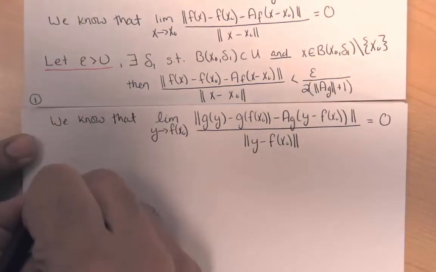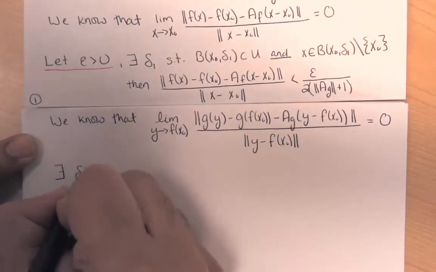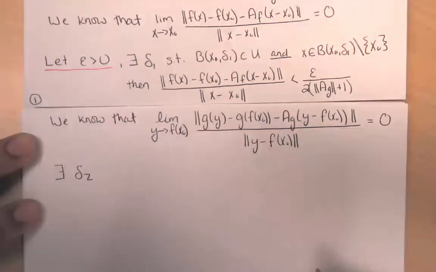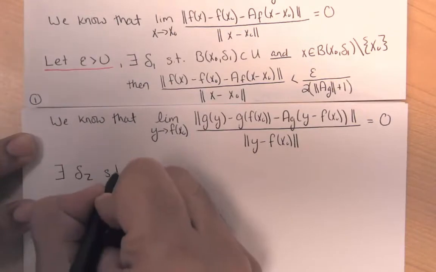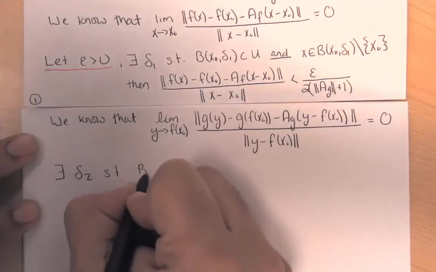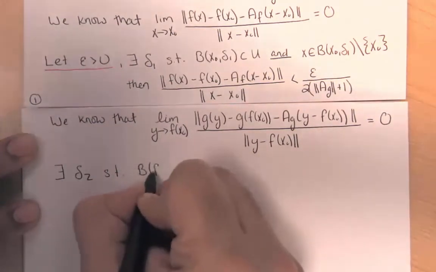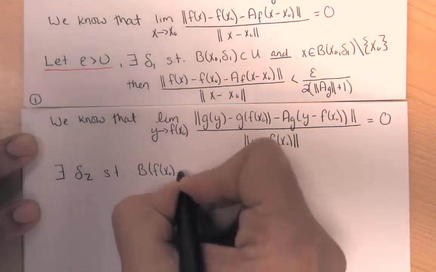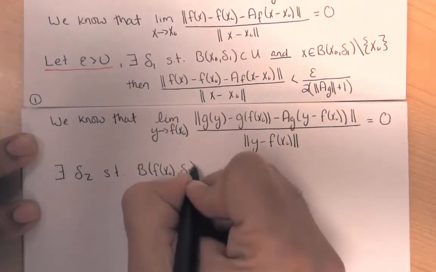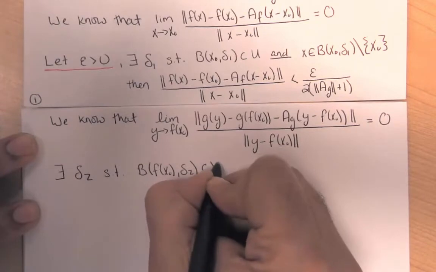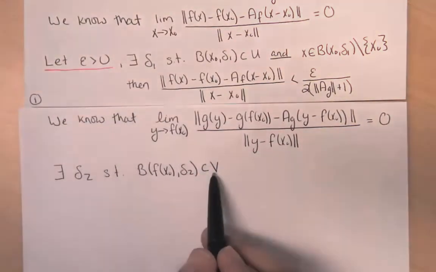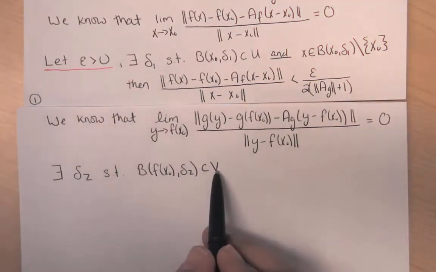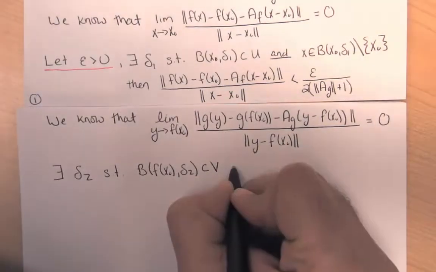So there exists another delta, delta 2, such that the ball centered at f of x naught, delta 2, is contained in V. Right? I can find such a ball because V is open, and well, that's actually the definition of it being open.